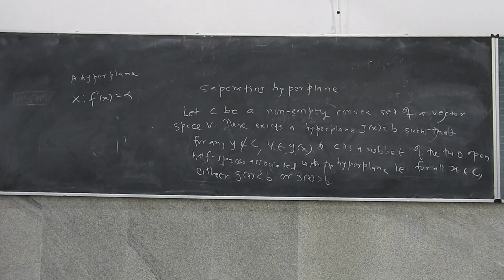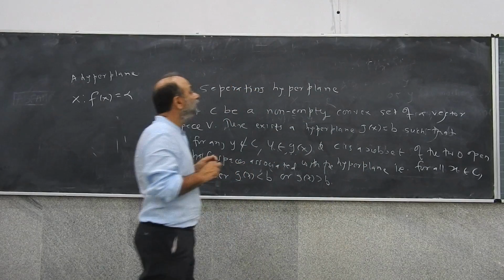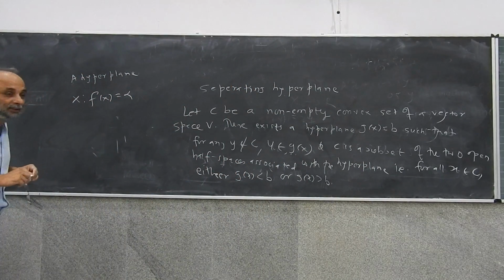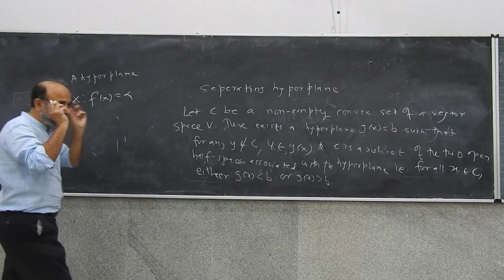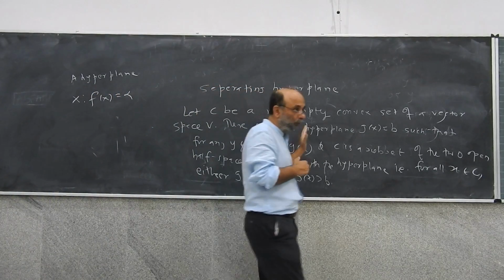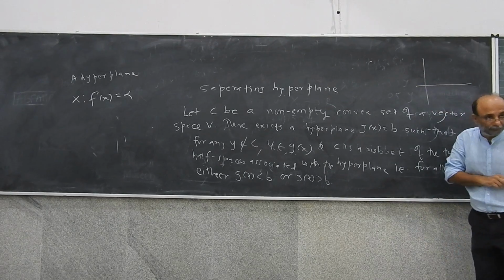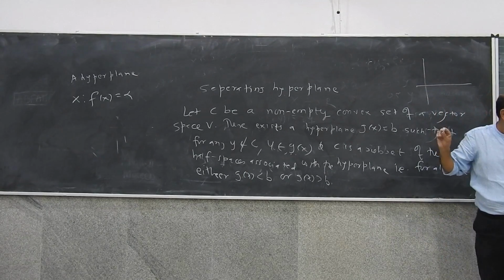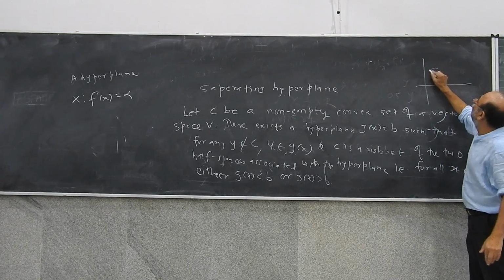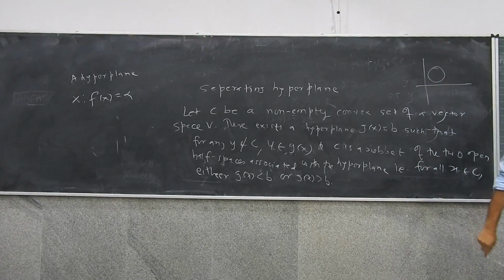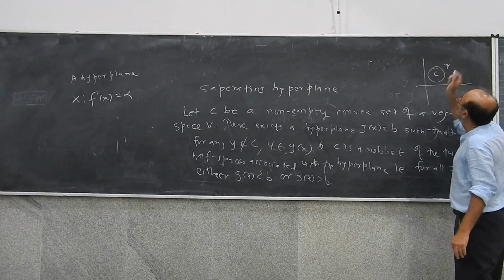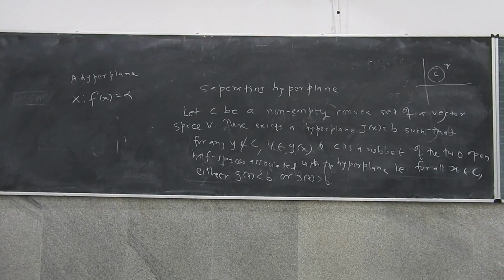Okay? Right. So there exists a hyperplane g of x equal to b such that... let me just tell you what it geometrically means in a two-dimensional space. So think of R2. Think of a convex set C in R2. Think of a y that does not belong to this set. Then it says that there exists a hyperplane which contains y.